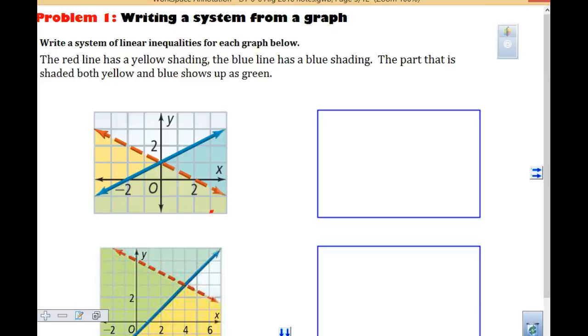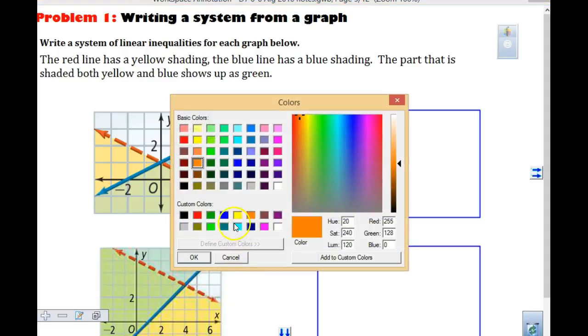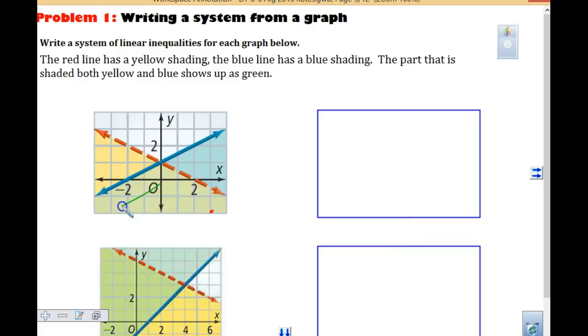So what we are looking at is these two equations. And this is the green, so if on yours you need to shade this a little darker, this is where the solution is, okay? So this part down here is the super green that they're talking about. This one over here is where your solution is.